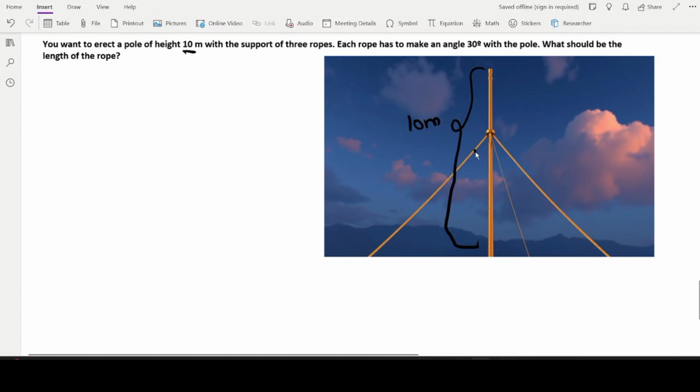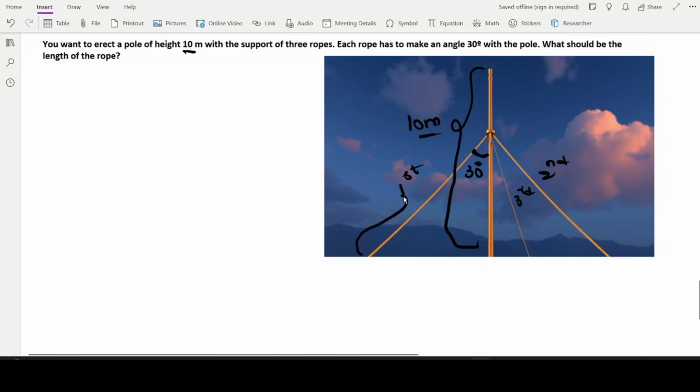The 3 ropes are making an angle of 30 degrees. You can see this is the first rope, this is the second rope, and this is the third one. Using 3 ropes, you are trying to erect a pole of 10 meters, and each rope is making an angle of 30 degrees with the pole. He is asking us what should be the length of the rope.